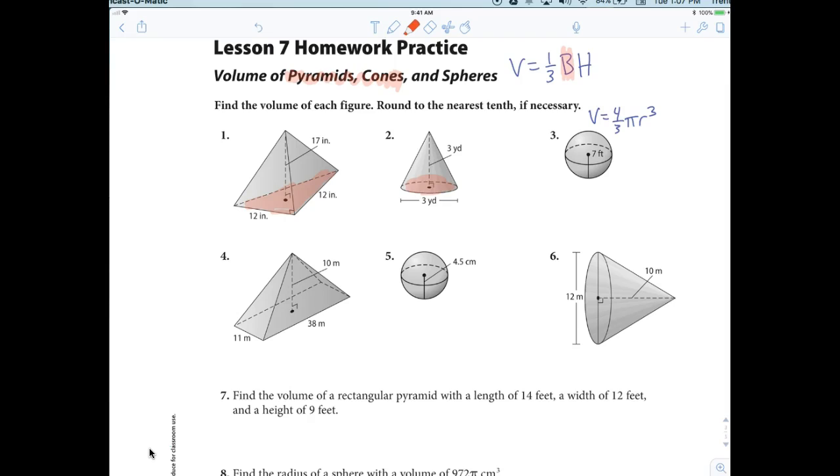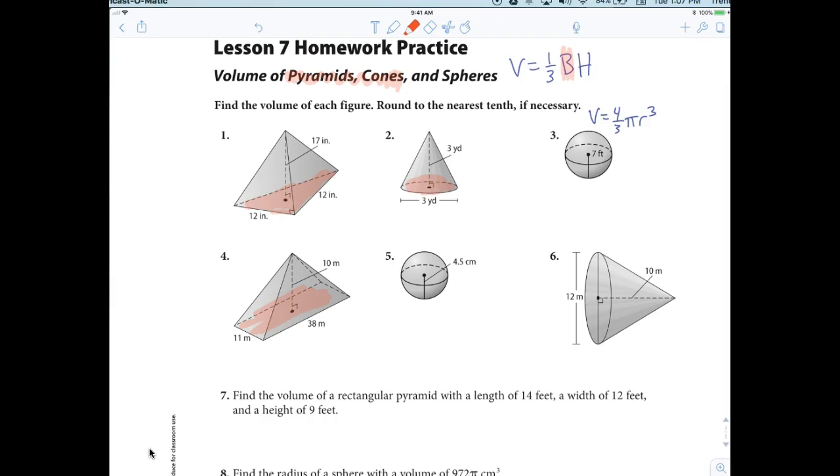Nope. The base of it is a? Nope. A circle. Thank you. What's the base of this pyramid? A rectangle. That's what I'm telling you. The formula changes. It changes depending upon the shape of the what? Of the base. That's how simple it is.